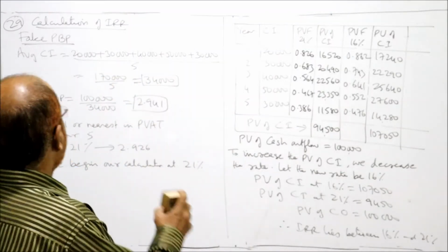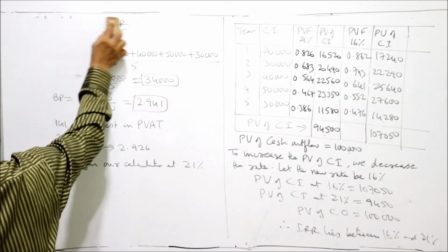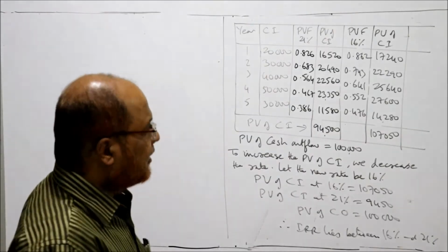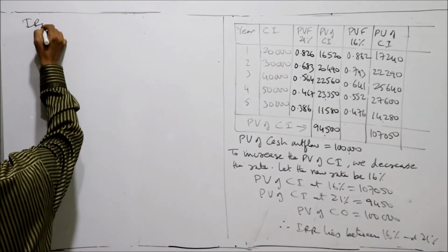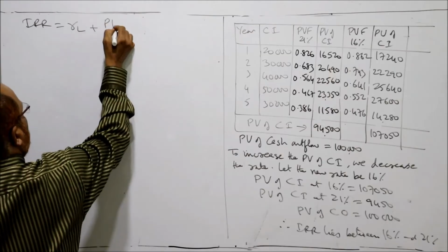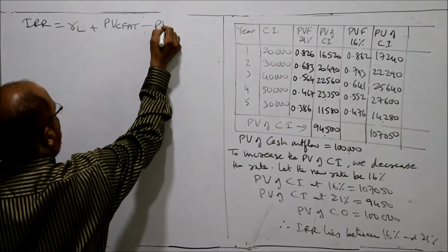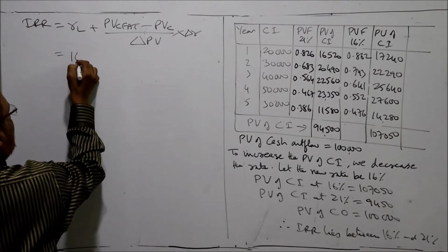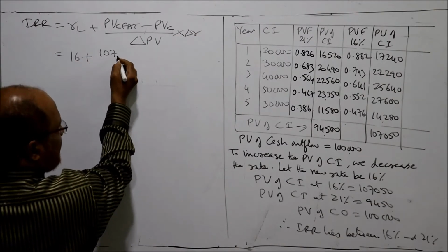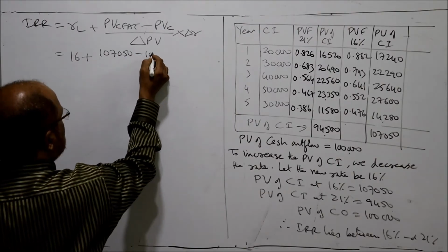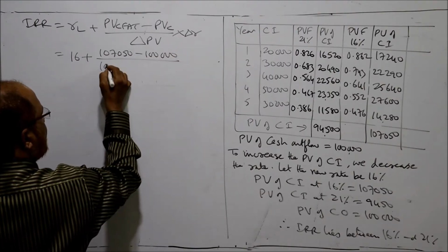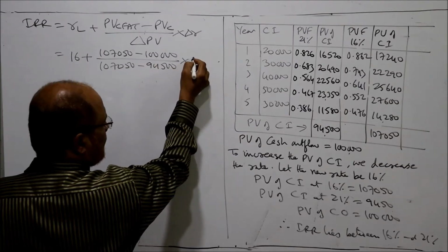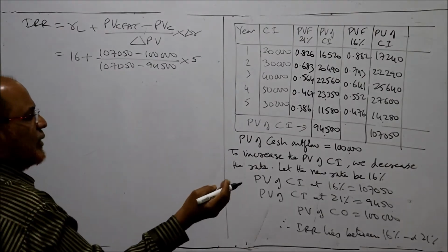So to find out the IRR, again we apply the interpolation formula. IRR is equal to RL plus PVCF at lower rate minus initial outflow, divided by PVCF at lower rate minus PVCF at higher rate, into the difference of rates. Lower rate 16%, plus 1,07,050 minus 1 lakh, divided by 1,07,050 minus 94,500, into 5. 17, 18, 19, 20, 21, 5.